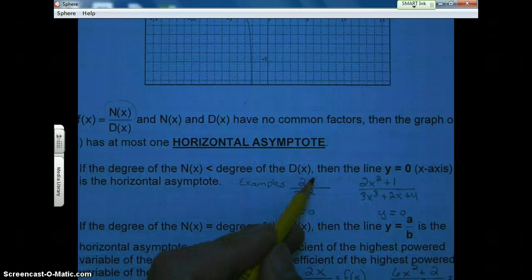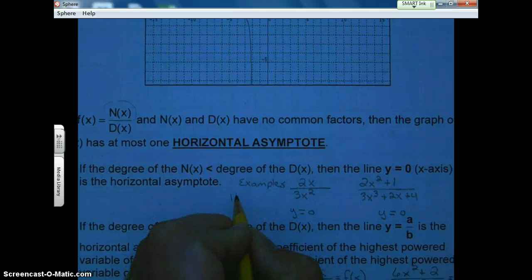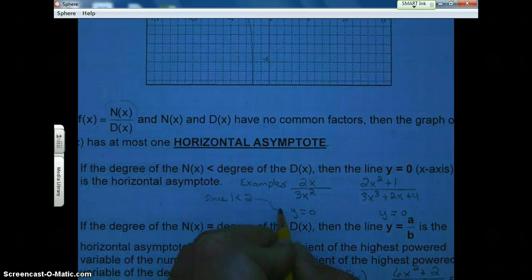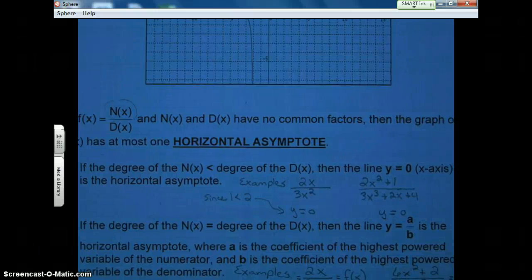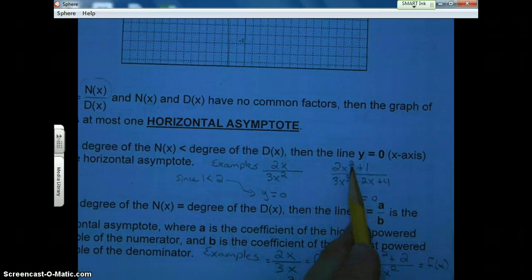So take a look at these 2 examples. The degree on the top is 1. The degree on the bottom is 2. So since 1 is less than 2, the horizontal asymptote is automatically 0. Look at example number 2. Here the degree is 2 and the degree is 3. So 2 is less than 3.